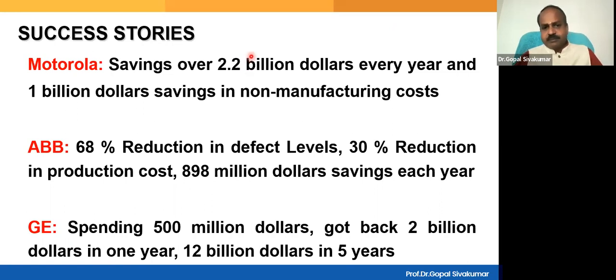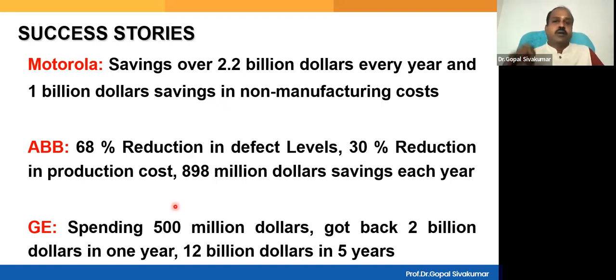So ABB: 68% reduction in the defect level, 30% reduction in the production cost, $898 million saving every year, and spending $500 million because Six Sigma implementation is a little costlier. You need infrastructure, mainly in the form of Six Sigma belts.